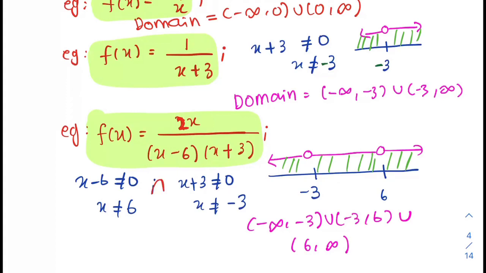Then we must intersect, and another one is x plus 3. Here it cannot be equal to 0, so x cannot be equal to negative 3. To conclude, this is all real numbers, but you must make a hole at minus 3 and also 6. Therefore, your answer is minus infinity until minus 3, union minus 3 until 6, union 6 until infinity.